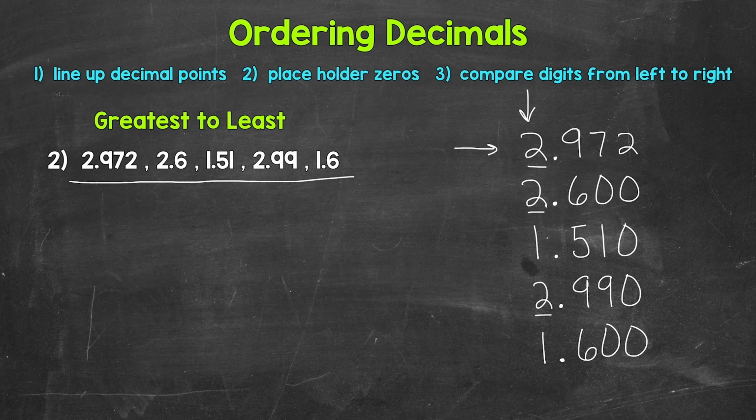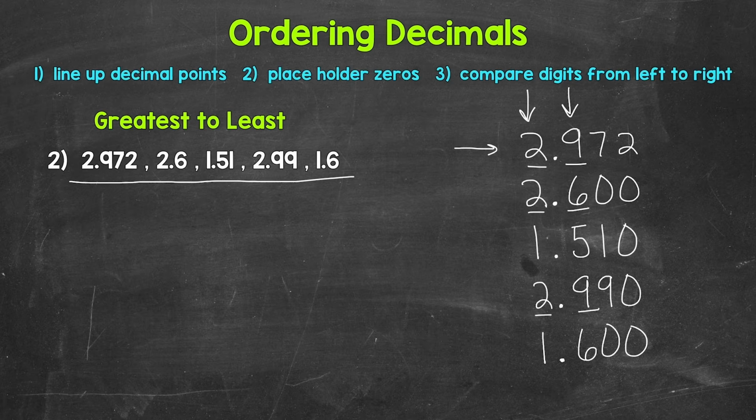Now, since we have 3 2's, those digits are the same, we need to work our way right and take a look at the tenths place to see which of these is going to be the greatest. So let's look at the tenths place. We have a 9, a 6, and a 9.